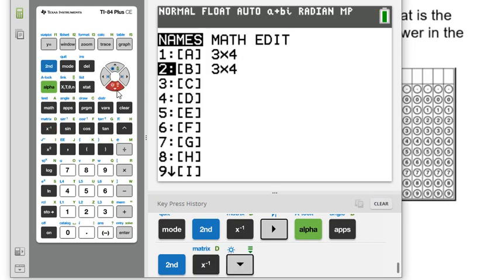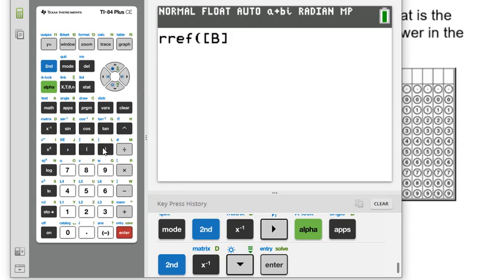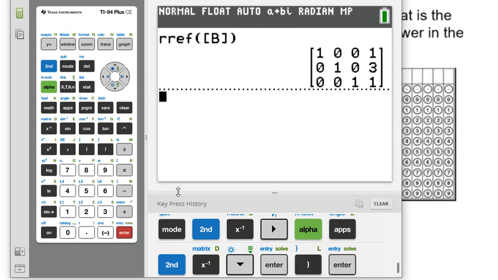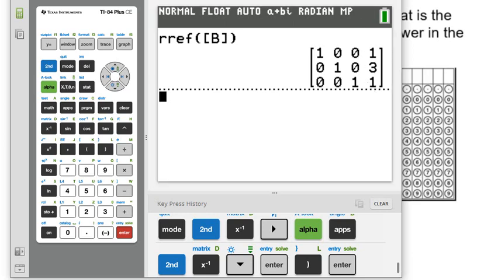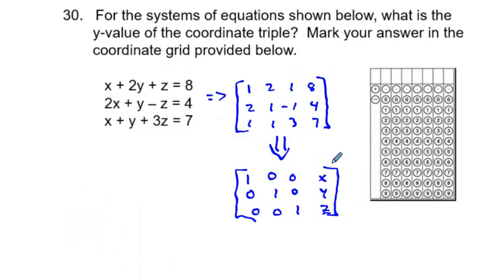I have to go down and fetch matrix B. So I've done that now, and I close that with parentheses, and we get X is 1, Y is 3, Z is 1.